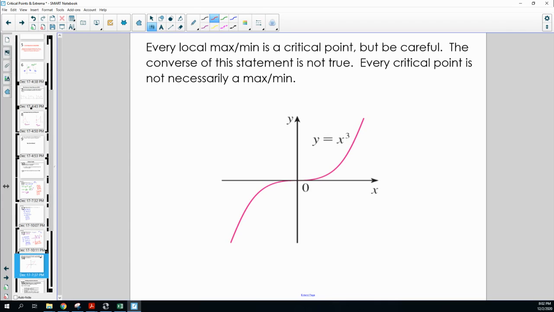In this case, we have a derivative of 0 right here, but that is not a max or min because my graph is constantly increasing, so there's no change from increasing to decreasing. Just be careful with that fact.